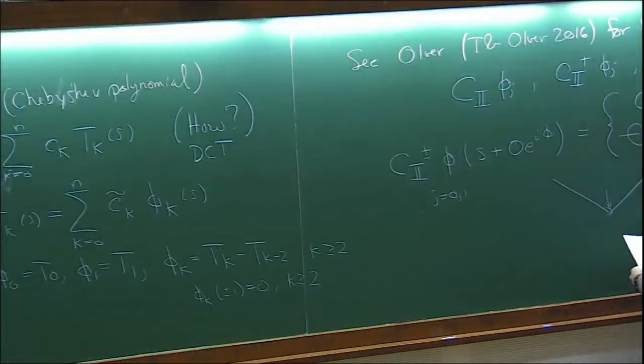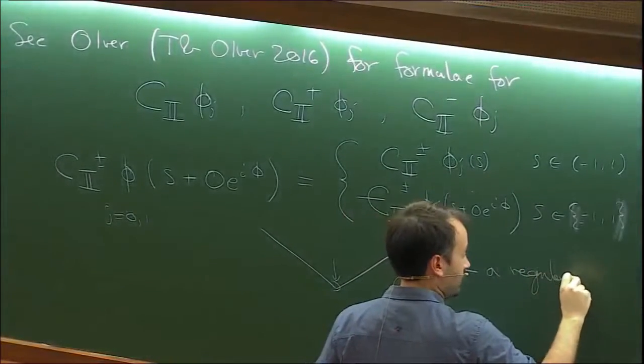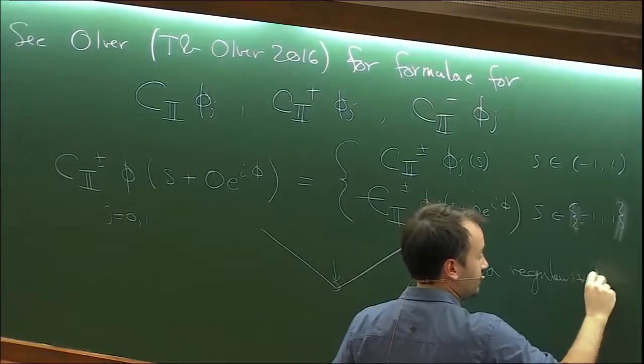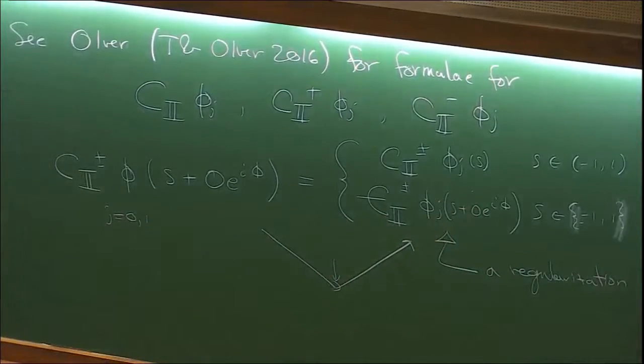The way to think of it is a regularization. And it only gives you the correct value if you're working with the correct class of functions. But for any class of functions, it will give you a finite value, but it might not actually be the value of the Cauchy integral.